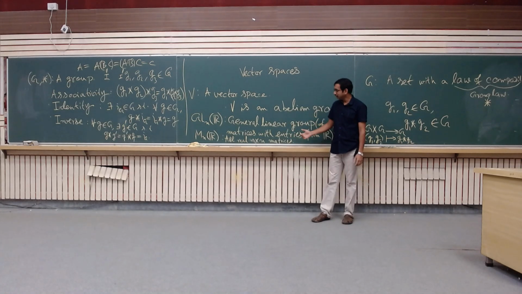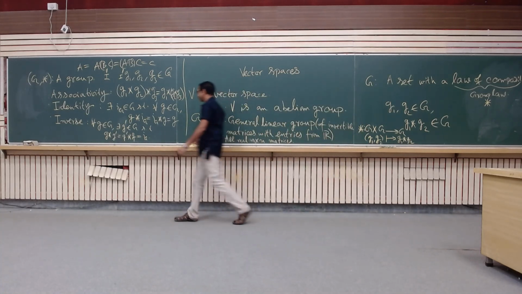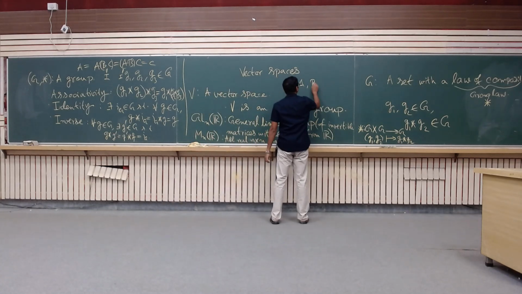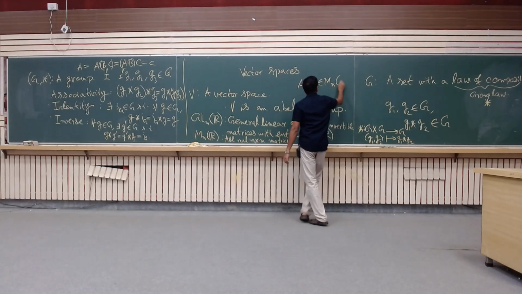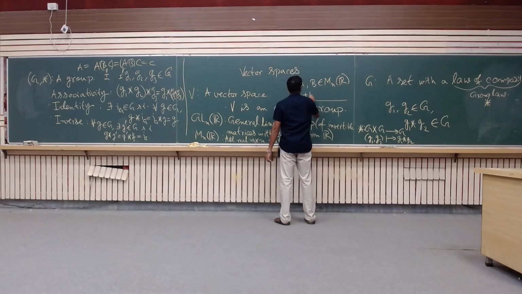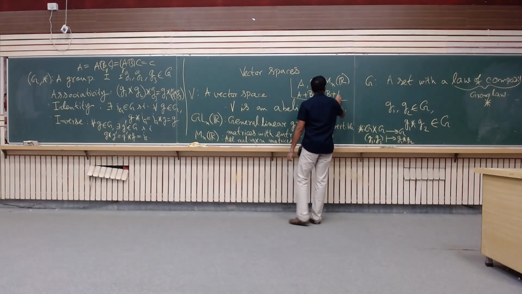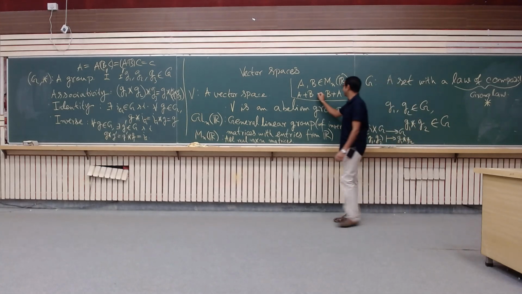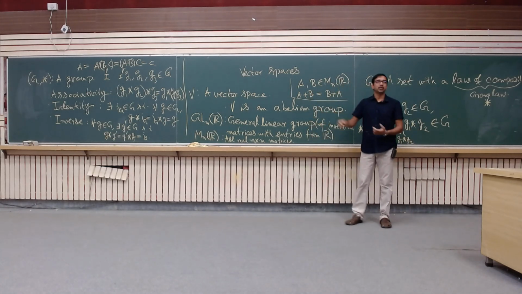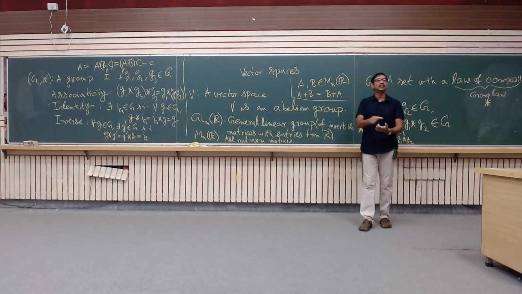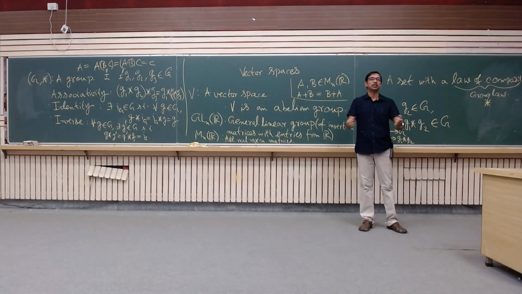Note that in this one, if you take two elements A and B in M_n(R), then are A plus B and B plus A the same? Yes, they are, because you are adding them entry-wise, using real addition of real numbers. It doesn't matter in which way you add them, you get the same thing.